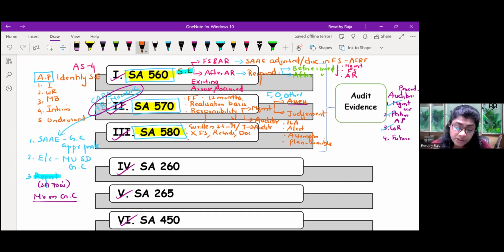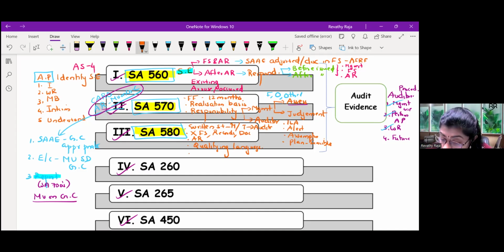As far as practicable, obtain written representation near the audit report date. At times, it can be given using qualifying language, meaning subject to. The auditor may accept it provided he is satisfied regarding its reasonableness.